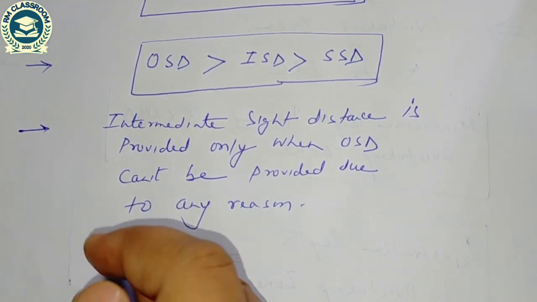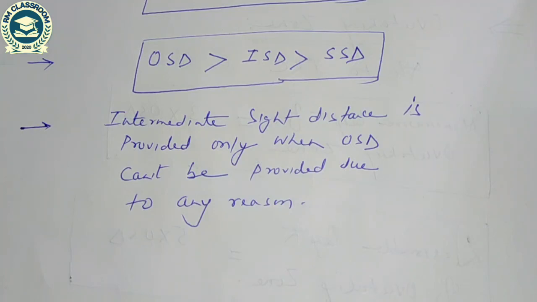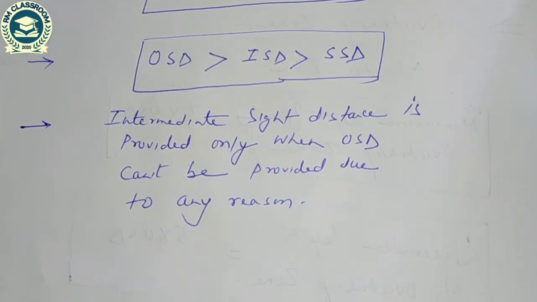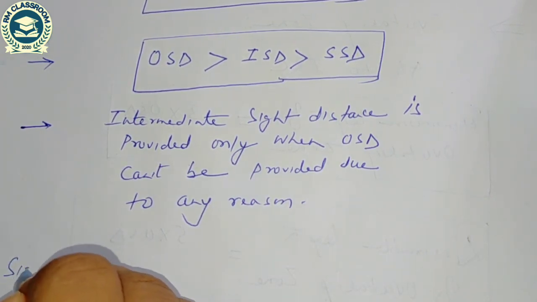Now I will discuss the height of driver eyes above the carriageway, how much we have to take, and the height of object, how much we have to take in case of stopping side distance, overtaking side distance and intermediate side distance.